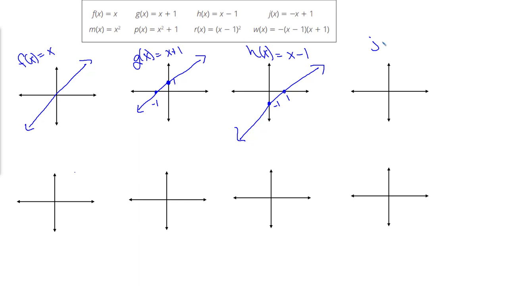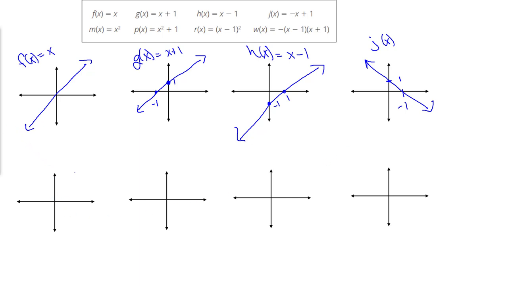And then j of x, we have a +1 y-intercept. We go down with a negative slope. Make it a -1.